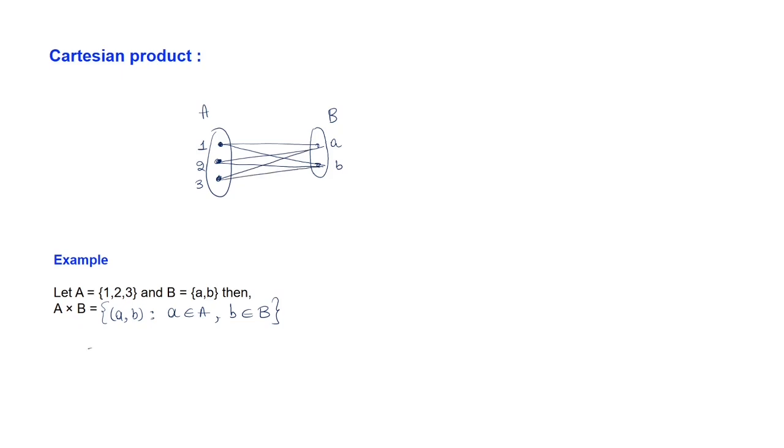So A cross B will contain the elements (1, a), (1, b), (2, a), (2, b), (3, a) and (3, b). So we can also find B cross A.